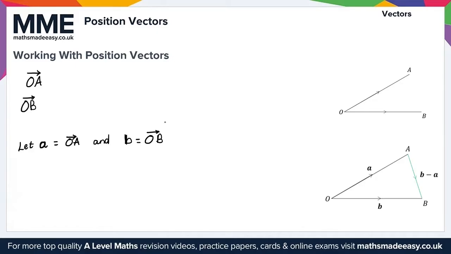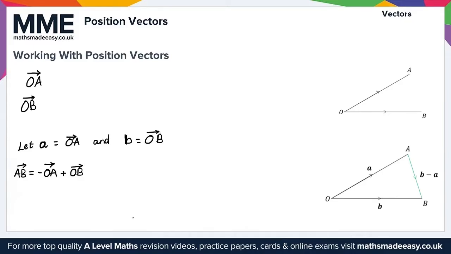In that case, we can see the vector AB is given as minus OA. We're going backwards here, so that's minus the vector OA, plus the vector OB.